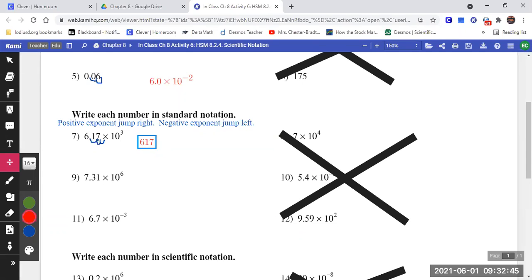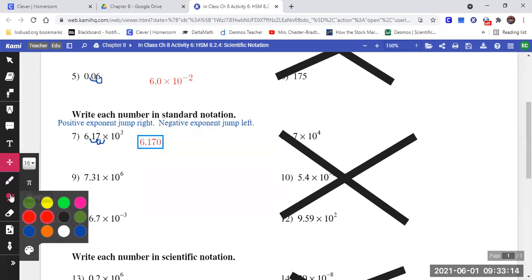When we write out our numbers with our decimals, what can we put at the very end of a decimal? Because it doesn't change anything. What number holds places for us? 0. So you do have to account for the fact there was only 2 decimal places here and I had to jump 3, so I had to put that 0 in.